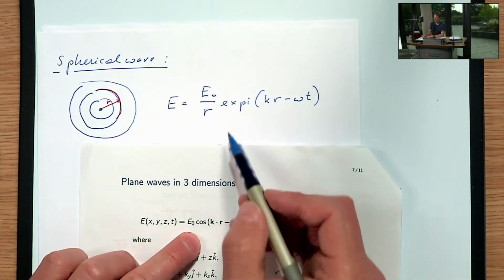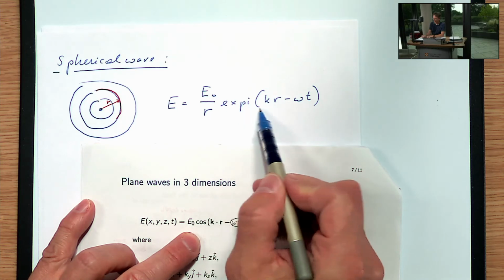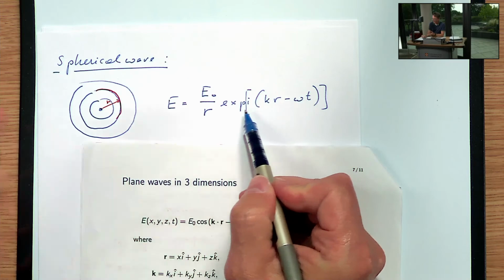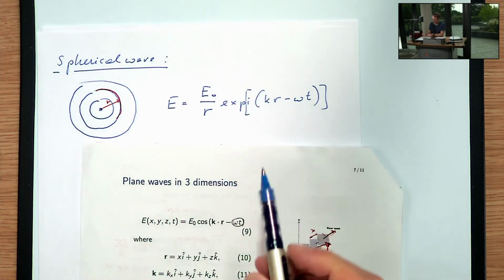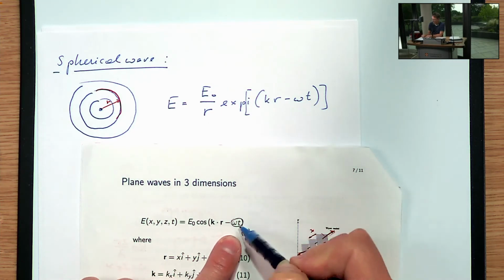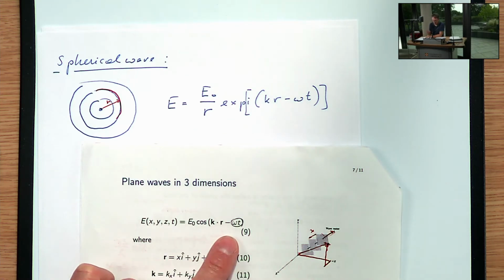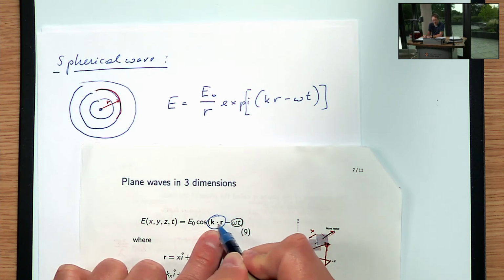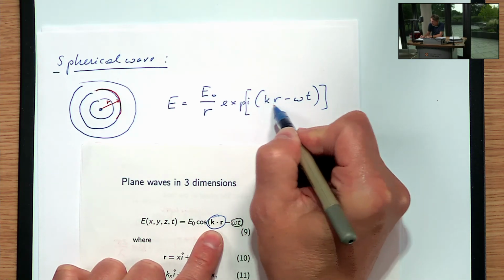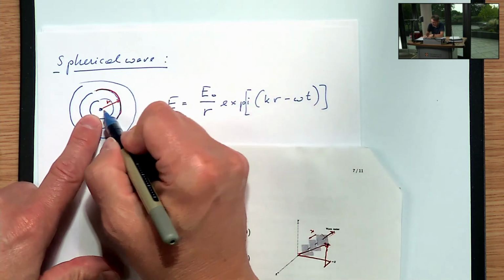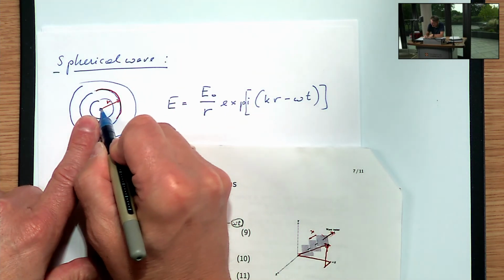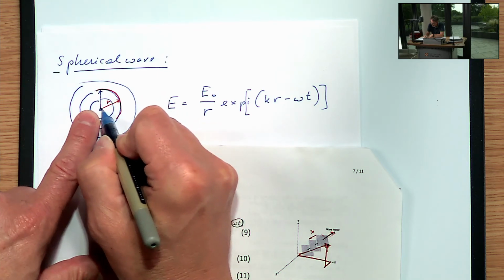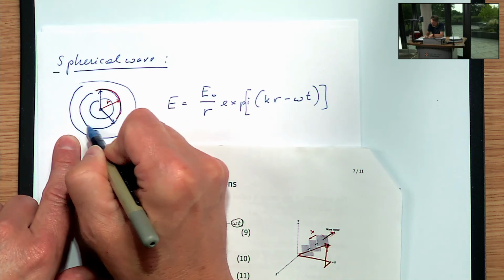So this is just another way of saying, this is just a complex representation, but of course there's a cos(kr minus omega t) term in there, which looks exactly the same, except here this is a dot product, so you have vectorial quantities, and here this is just a normal product of 2 scalars, because it doesn't matter in which direction you go with r, for the same distance r, the phase is constant.